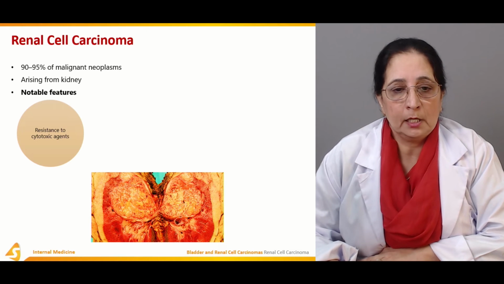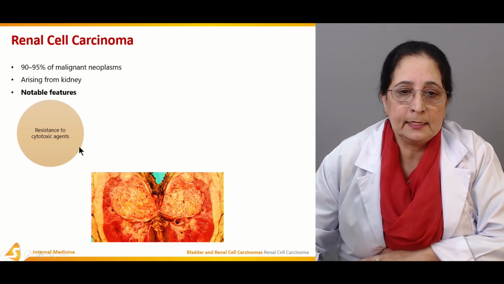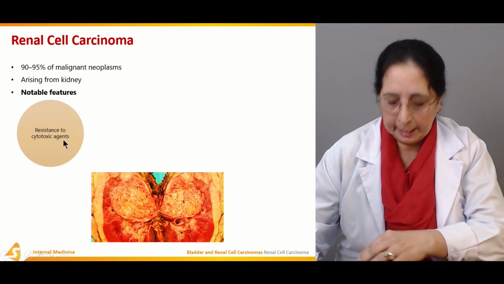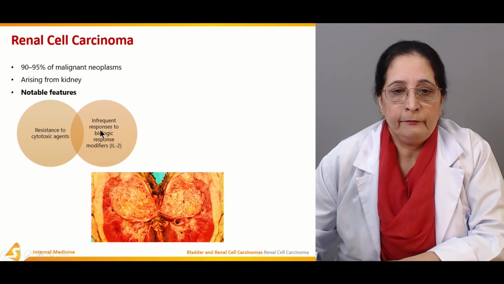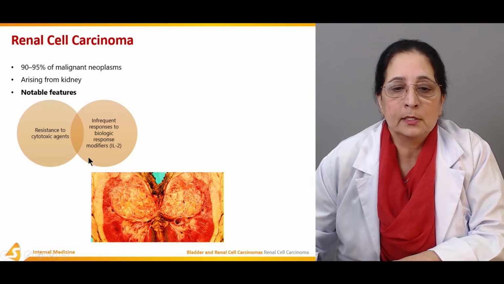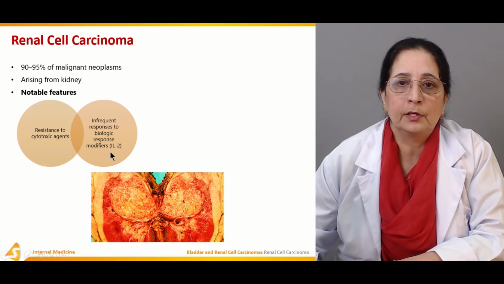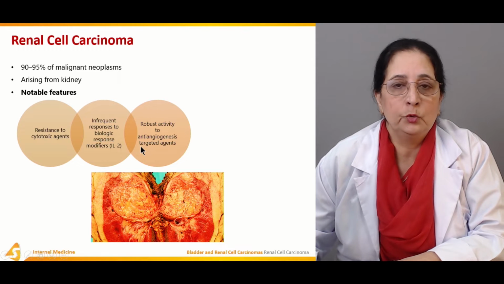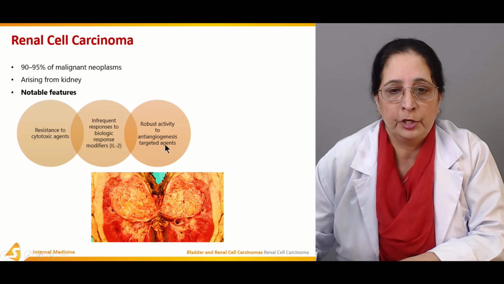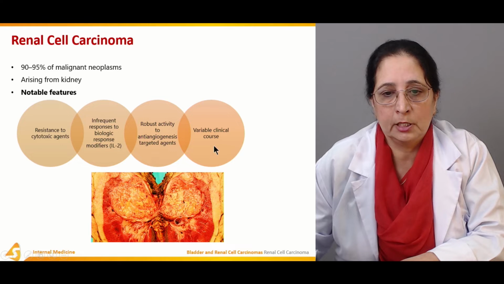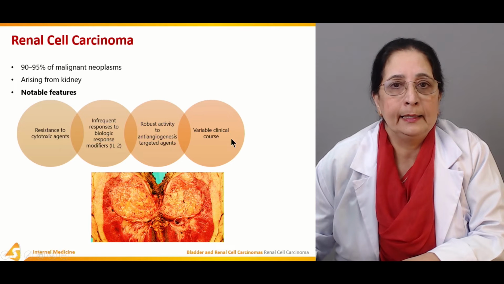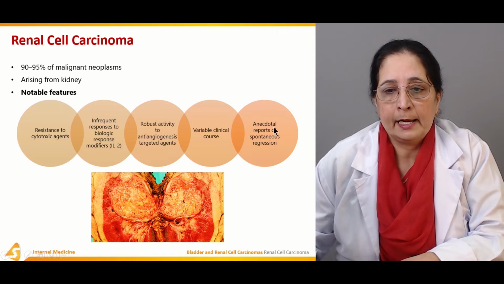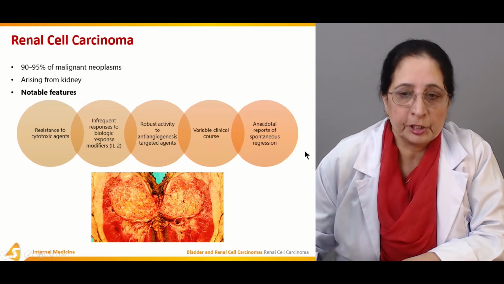Notable features are resistance to cytotoxic agents, infrequent responses to biologic response modifiers like interleukin-2, robust activity of anti-angiogenesis targeted agents, a variable clinical course, and anecdotal reports of spontaneous regression.